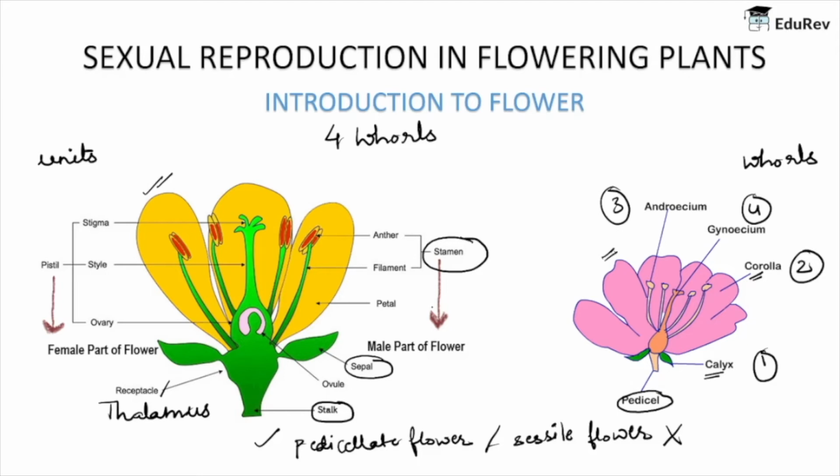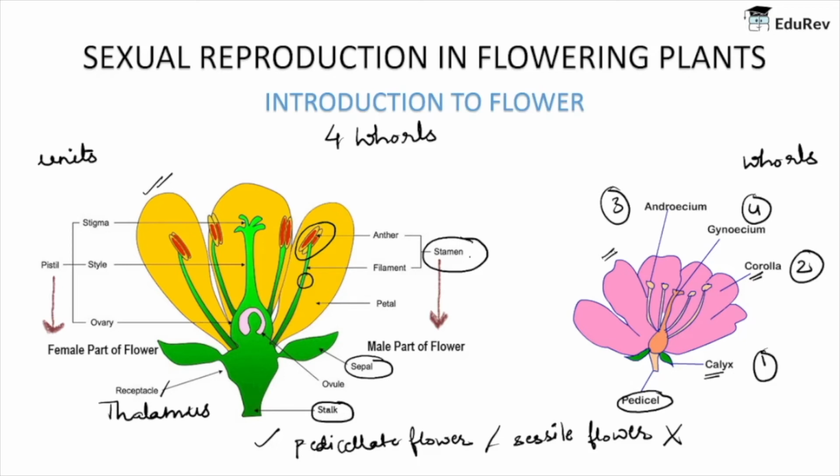Here we are talking about the third whorl. Right? Now, this third whorl consists of stamen, which has anther. See where anther is labeled, the bilobed, two-lobe structure, anther, and the stalk-like structure, which is the filament.